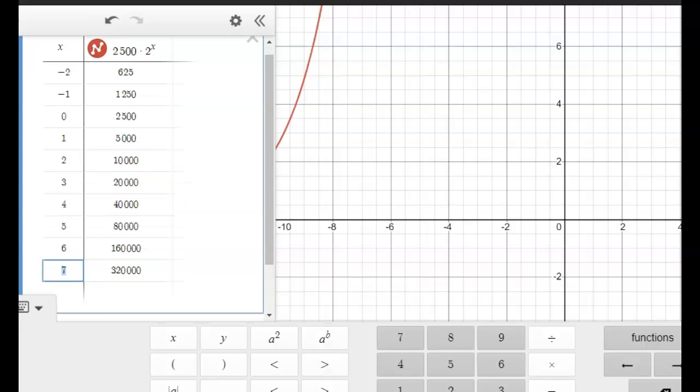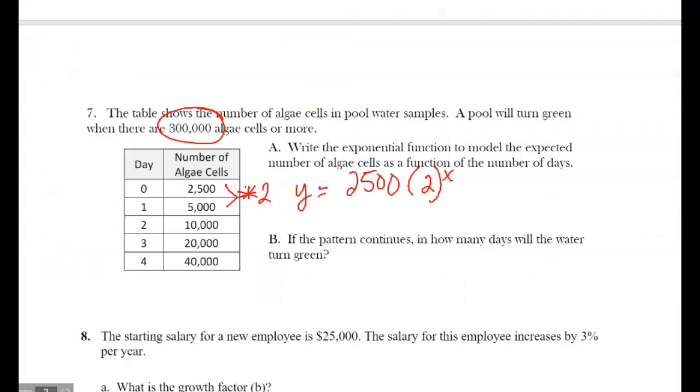After 7 days, we're over 300,000. That's what it asks. If the pattern continues, how many days will the water turn green? So it says the pool will turn green when there's 300,000 algae or more. It will take 7 days. Why does it take 7 days? Because then you have 320,000 algae.